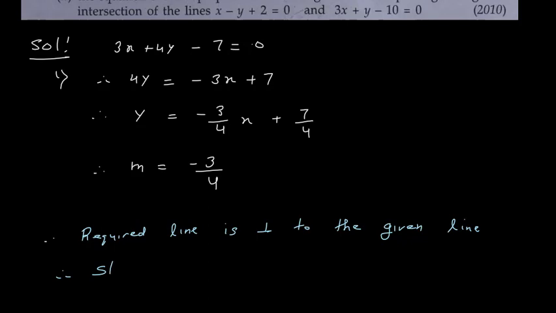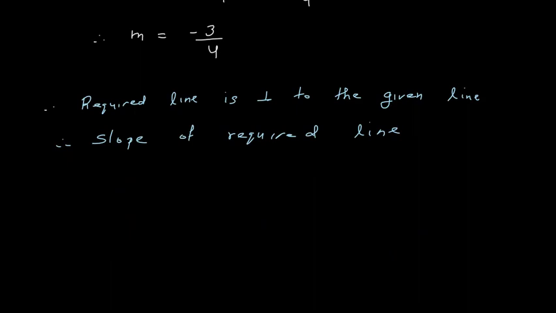Therefore the slope of the required line is -1/m. I have discussed this in the previous class also. So I take -1 upon -3/4, so it becomes 4/3. So 4/3 is the slope of the required line.